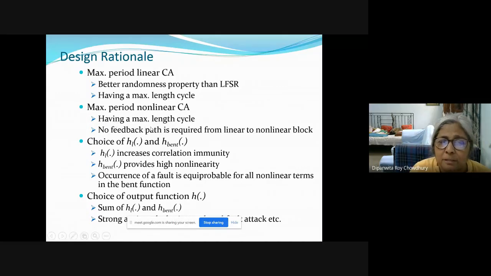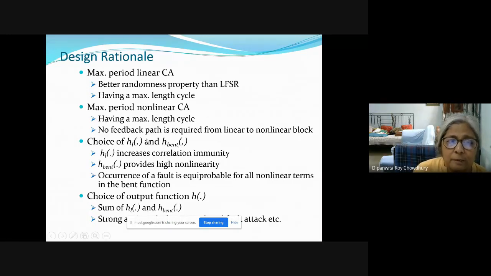So, having a maximum length cycle, no feedback path is required from linear to non-linear. See, this is very important. Why this max period nonlinear cycle? If you remember, just to avoid the fault attack, we omitted that XOR or feedback path from the drain. But that function was very good, it has some impact, so that impact we have to incorporate.